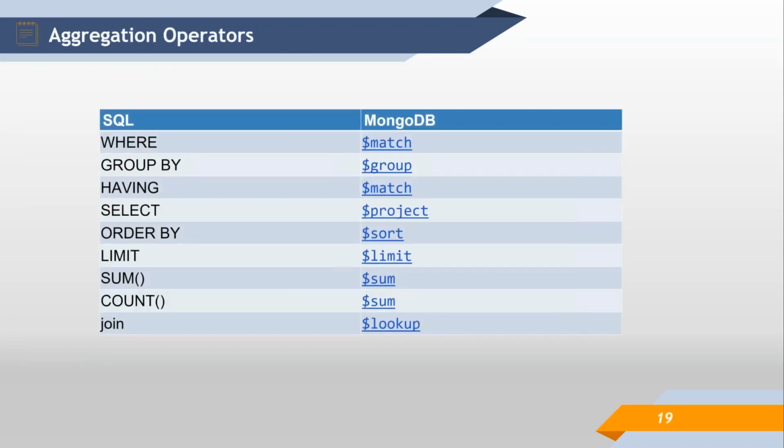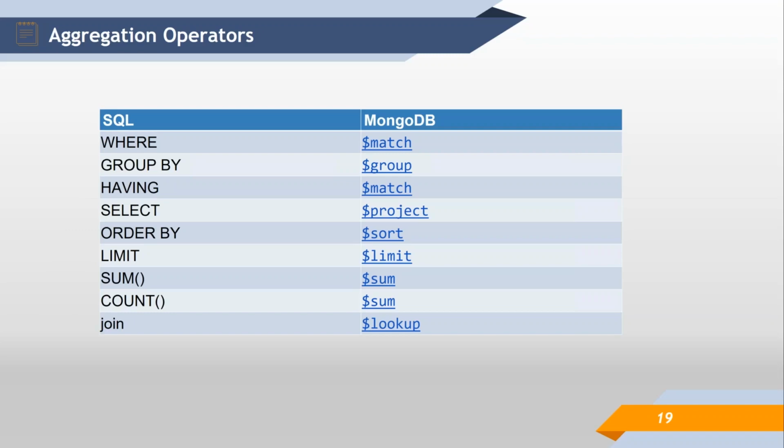Now we will talk about aggregation operators. In SQL, we have used where, group by, select, sum, count, and join so many times, and they have made our life so much easier for writing good, efficient queries. In MongoDB, we do have those features available.